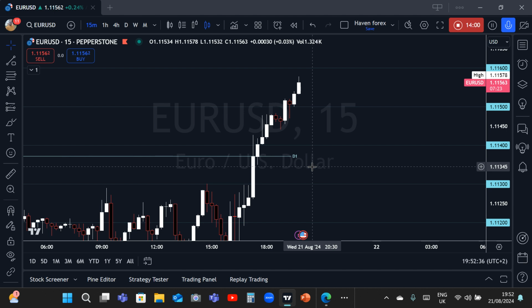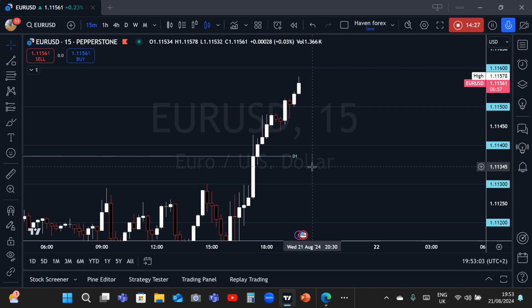So anytime you see that the RSI is pointing at one side and the market is pointing at another, let's say for example, the RSI is telling you that you are supposed to be selling and the price action is telling you that you are supposed to be buying, that is what we call divergence.